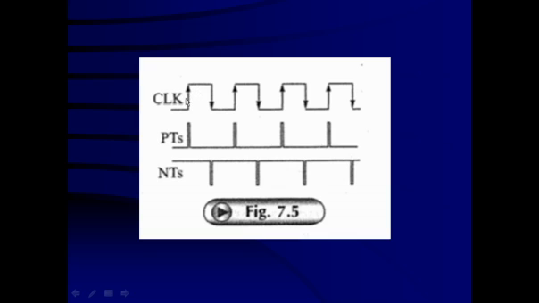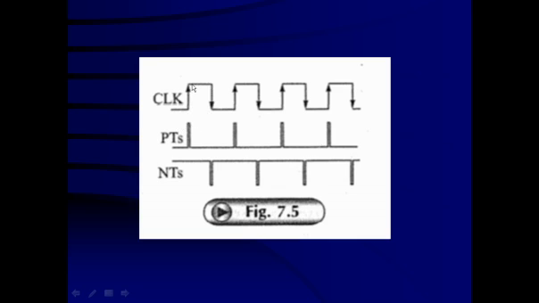Actually, in edge triggered circuits, we don't require the pulse width to be this much, but we require that the pulse width should be smaller than this. So, this pulse width we are interested in making narrow, and the circuit is going to be edge sensitive. So, the pulse is going to occur at either the rising edge of the clock pulse or the trailing edge of the clock pulse.